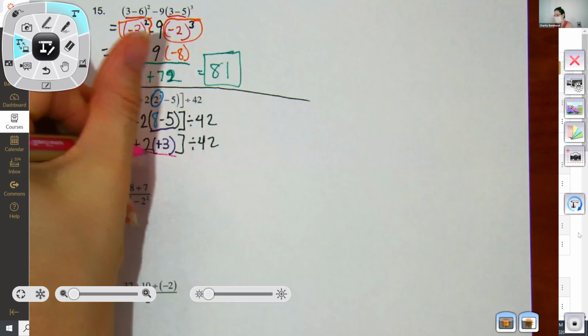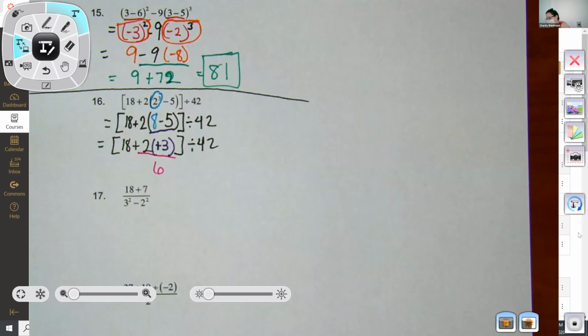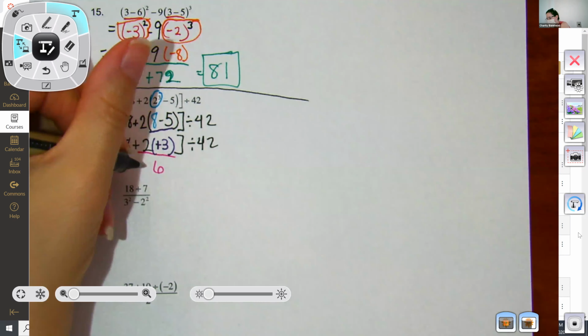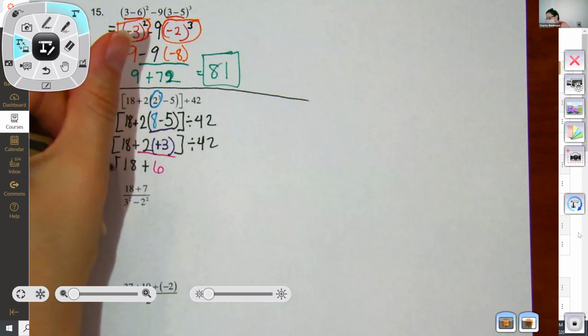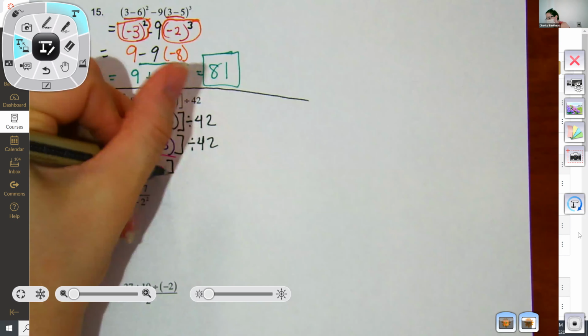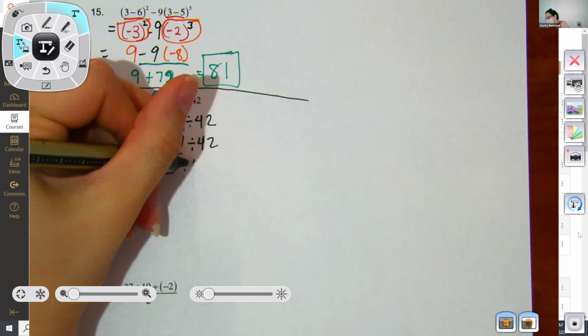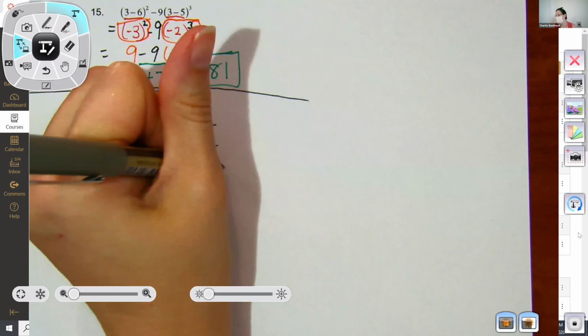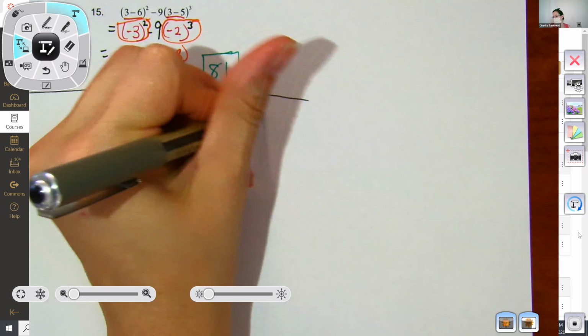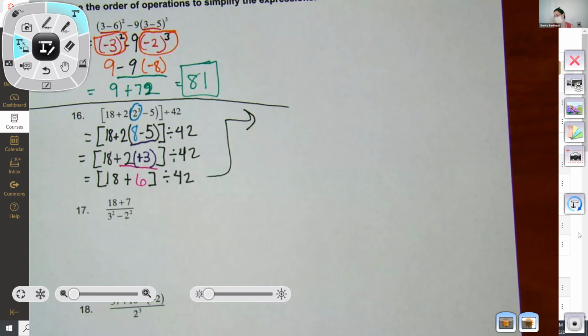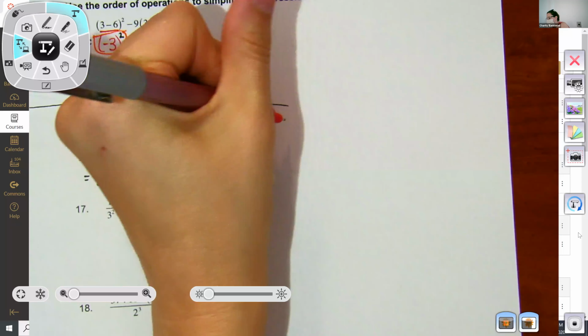And again, just bring everything else down. I still need to do what's inside of the brackets, which will be 18 plus 6. So 18 plus 6 is equal to 24.